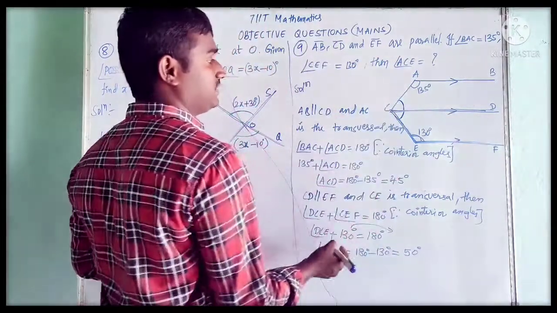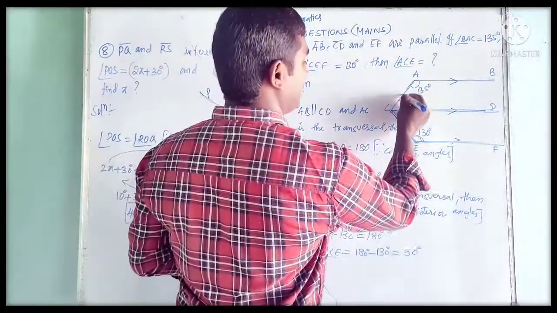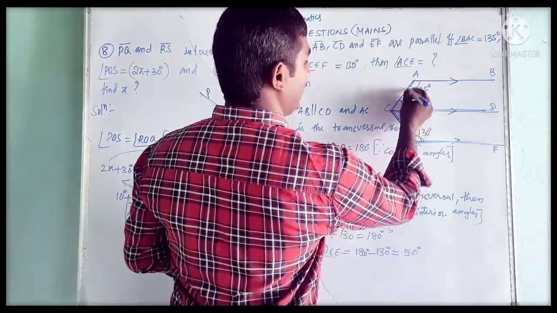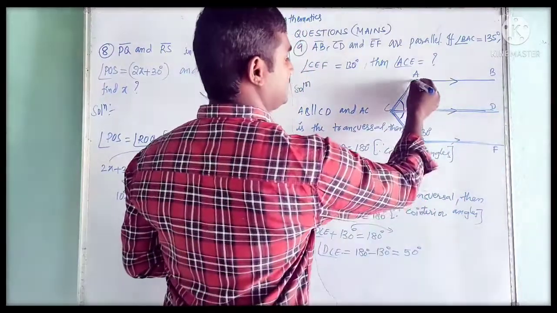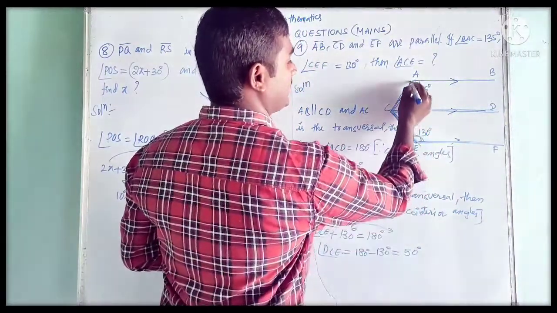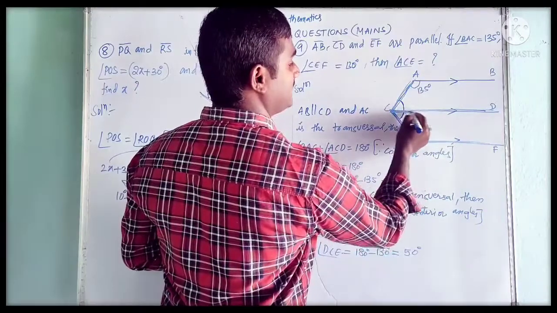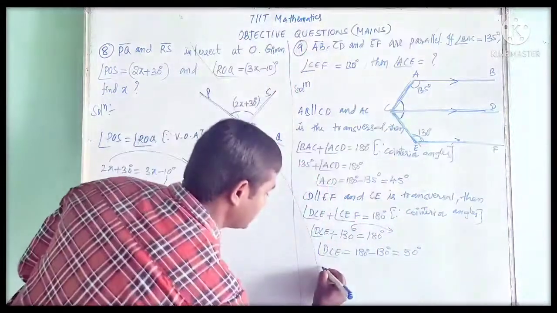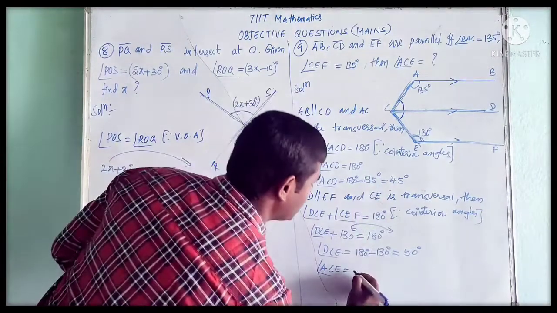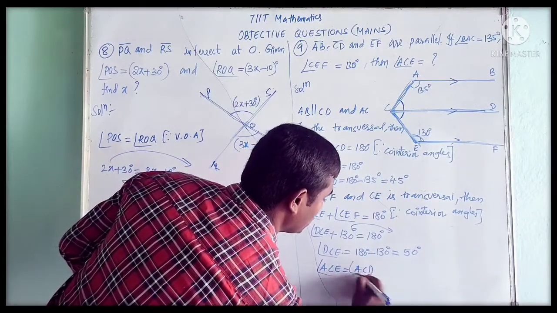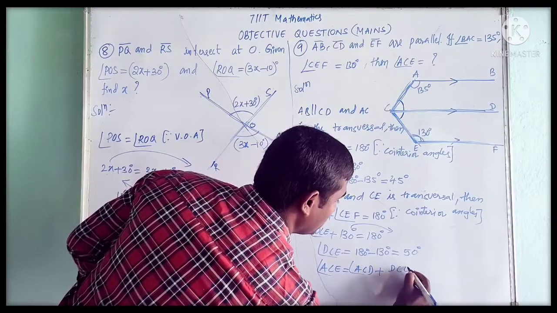From the figure, angle ACE equals angle ACD plus angle DCE. This total angle equals angle ACD plus angle DCE.